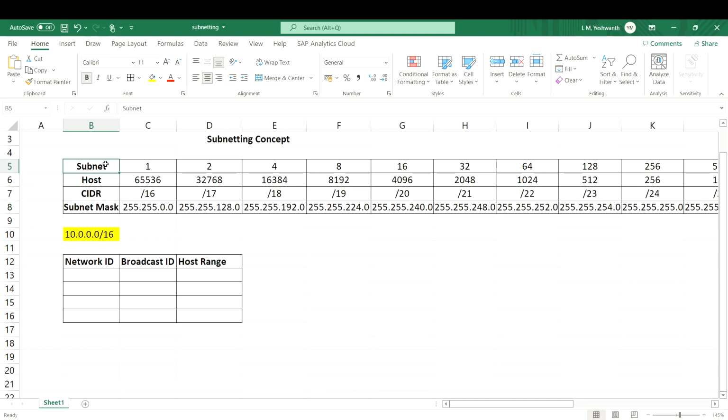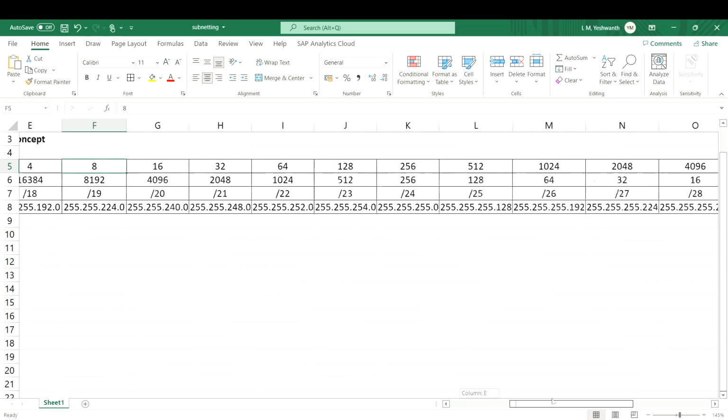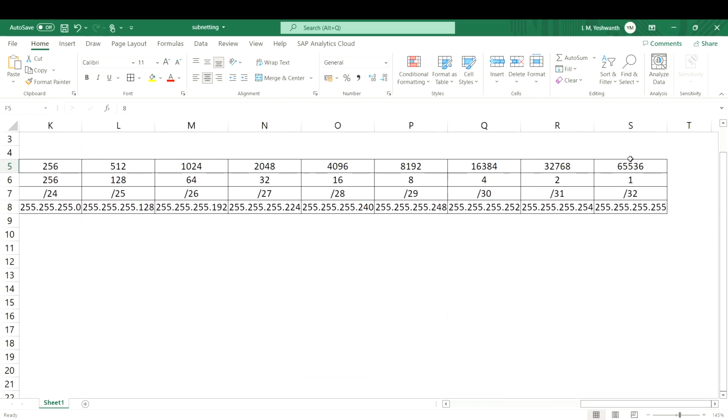Subnet, you already know what that is. In the subnet row, I am doubling my numbers: 1 plus 1 is 2, 2 plus 2 is 4, 4 plus 4 is 8. I'm taking all these numbers until I get 65,536. I'm just doubling the number in the first row.